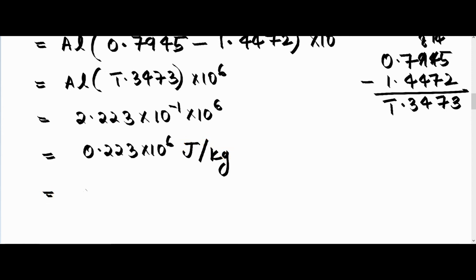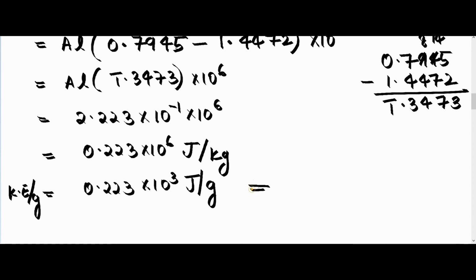In terms of grams, we can write this number as 0.223 into 10 raised to 3 joule per gram. So this is the kinetic energy per gram, the answer for our second part.